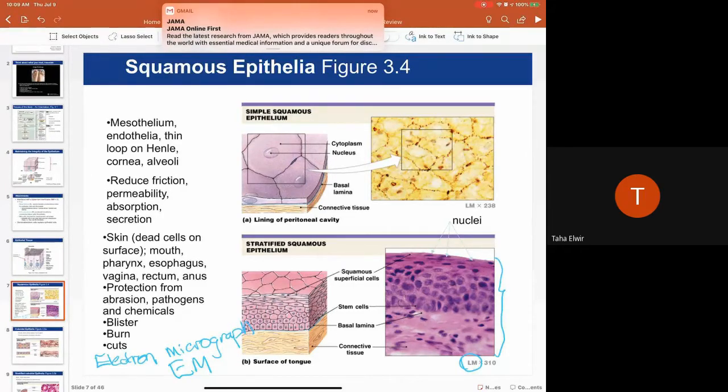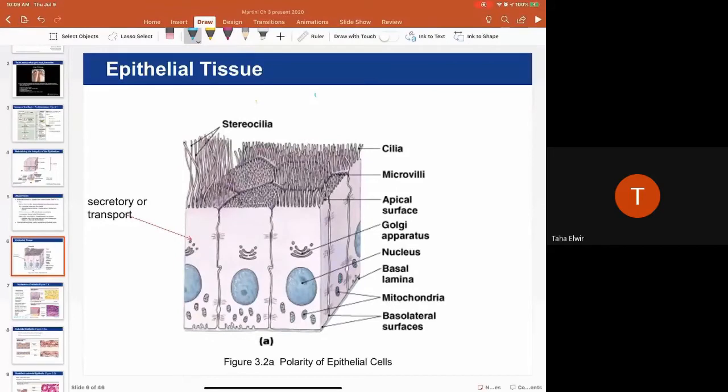So if we were going to look at a cell that had cilia on it, we could actually see the structure of the cilia and how it's moving and attached to the cell. We could see the detail in the nucleus. So it's a higher resolution.